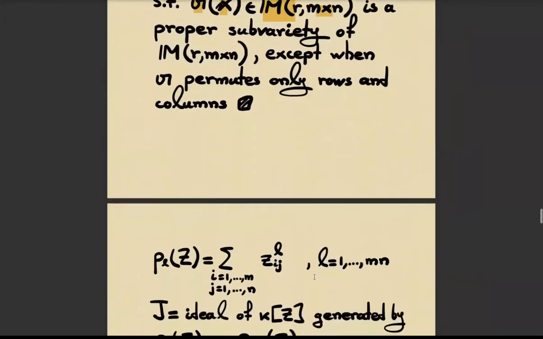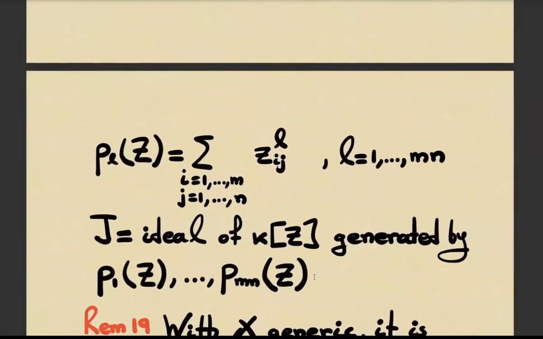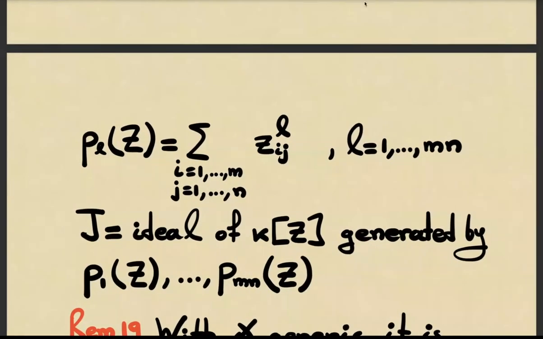Okay. Now let's do something similar to what we did before in unlabeled sensing. Let's consider the power sum polynomials, this time in as many variables as we have in the matrix.